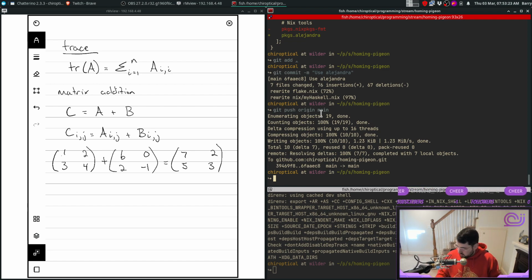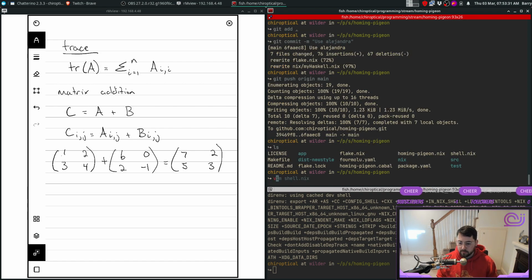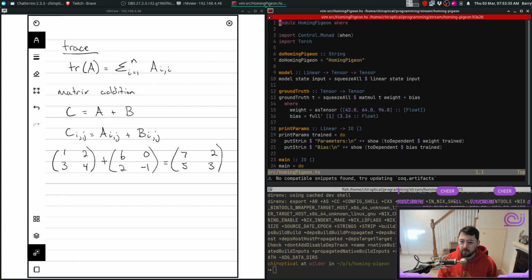Because I've not used Hasktorch all that much, we're going to try and write this in Hasktorch. So let's do that. I think I have this file, homing pigeon, here, and it has some stuff in it.